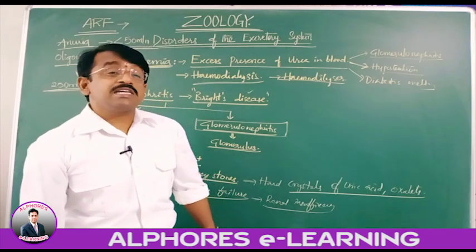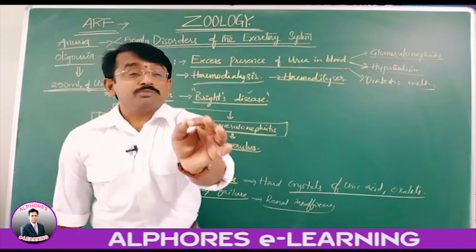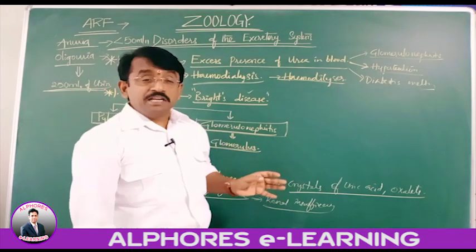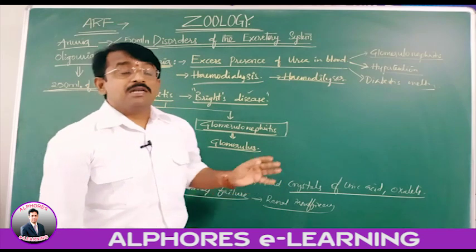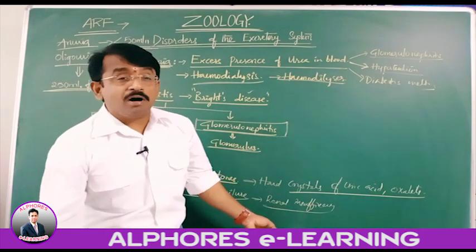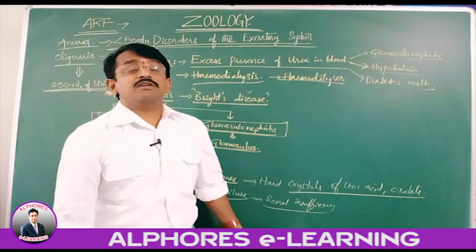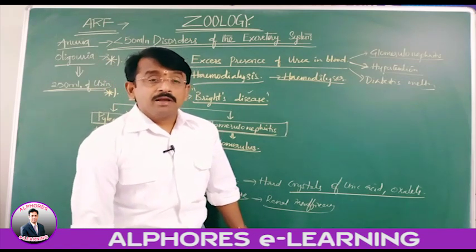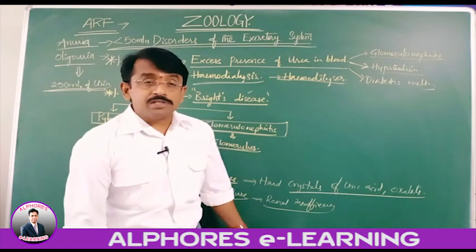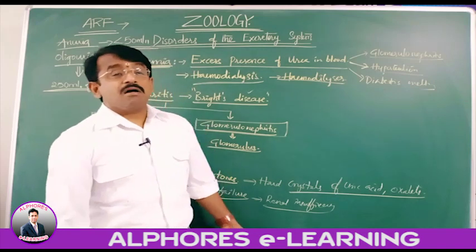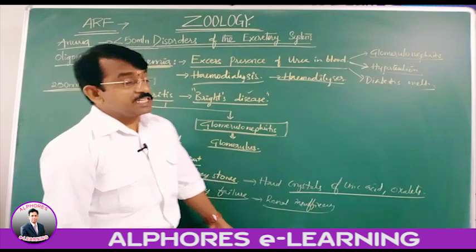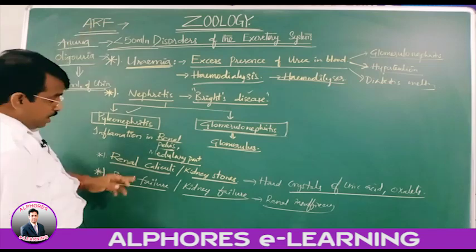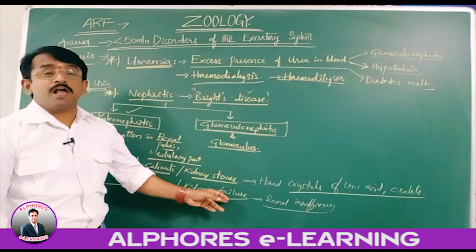Whose level is increased in the blood in renal failure or kidney failure. And the symptoms seen are edema. Edema in the sense the swelling of the body parts, low blood pressure, kidney completely damaged, even cardiac output also influenced. That is all what we refer to as renal failure or kidney failure.